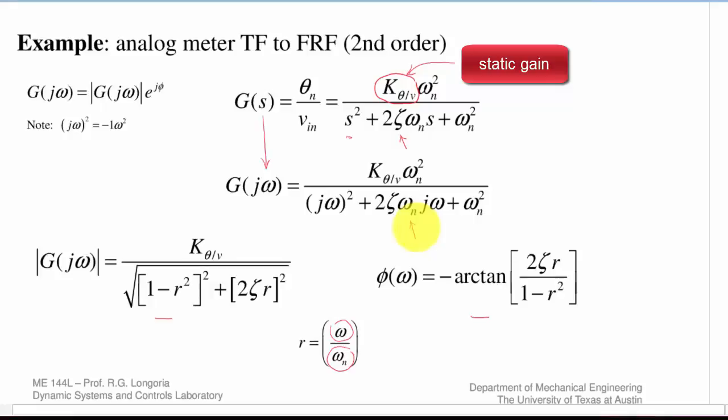But we're going to see that if we can measure these functions in the lab, then we can match up by inserting recommended or estimated values for damping ratio and natural frequency, and maybe fit our theoretical model to our experimental data, and in that way do what we call system identification.